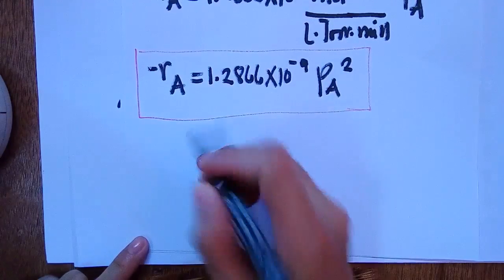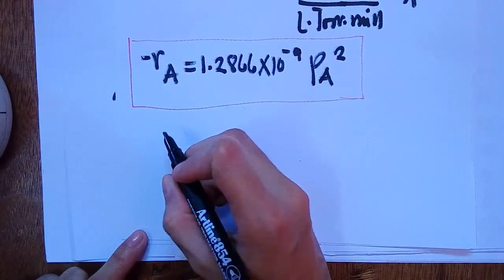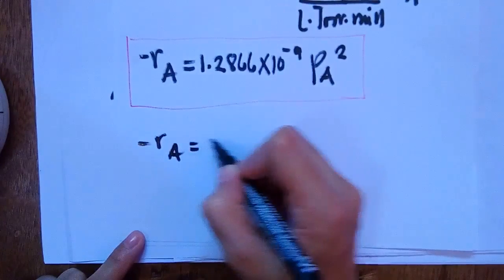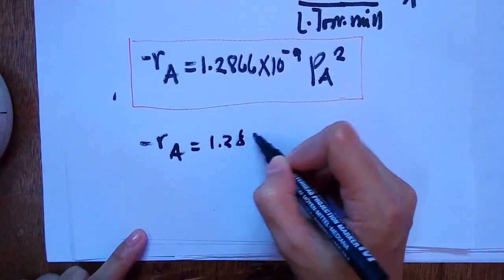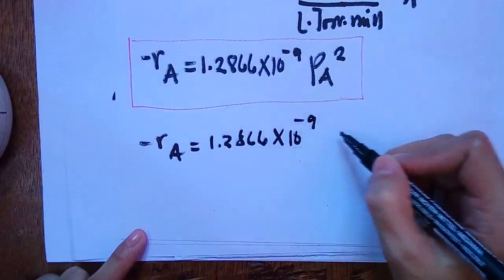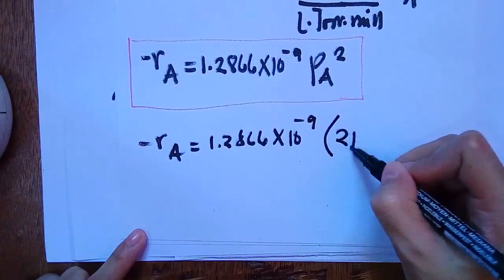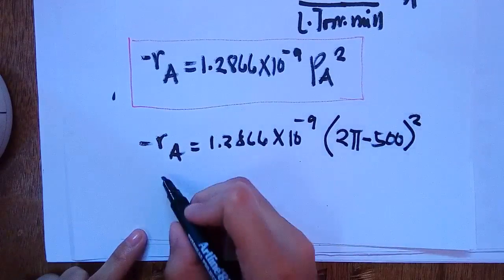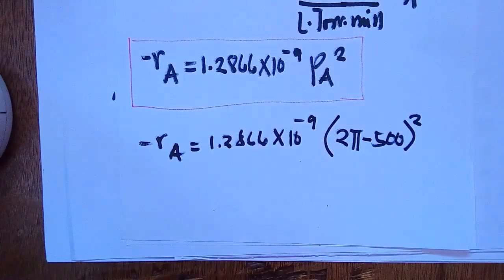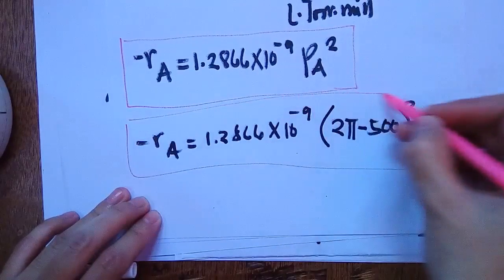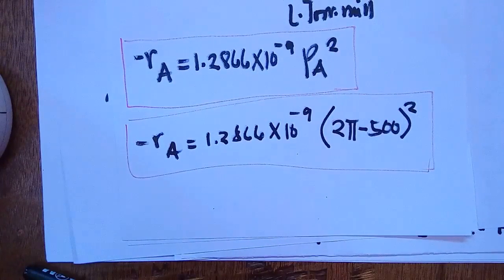You can also write this in terms of total pressure because the given value is in total pressure. So we have negative rA equals 1.2866 times 10 to the negative 9 times 2 pi minus 500 squared. So that's it.